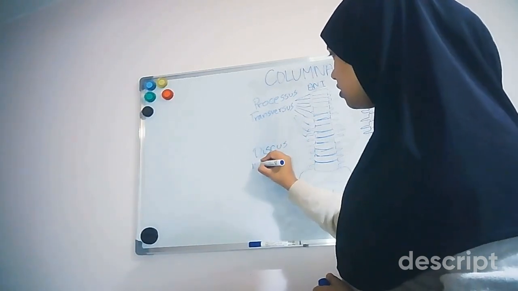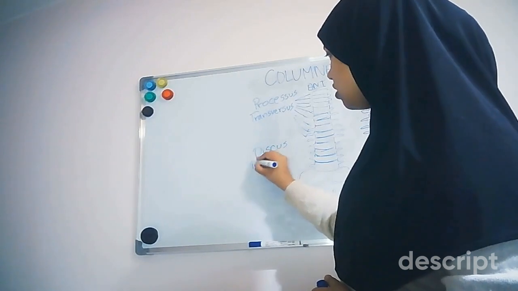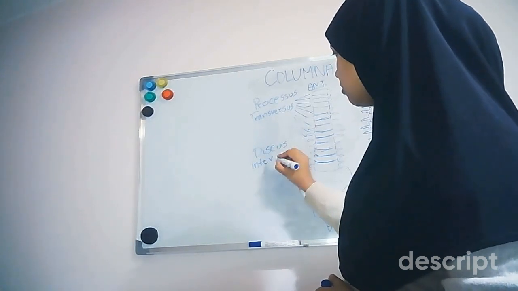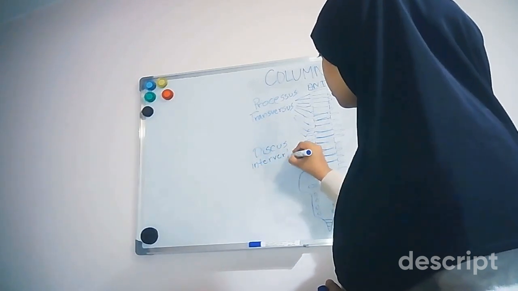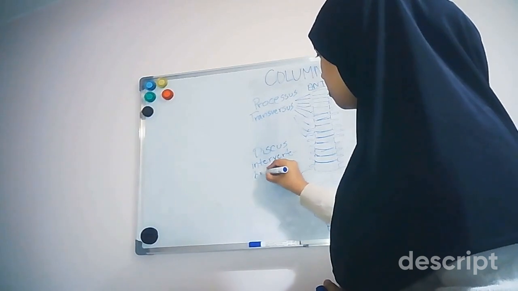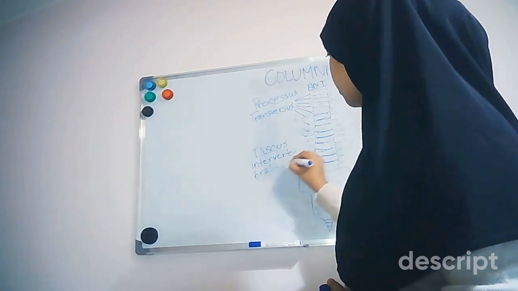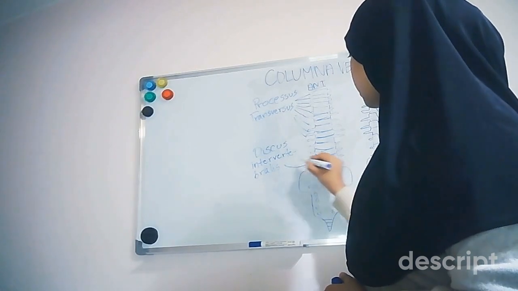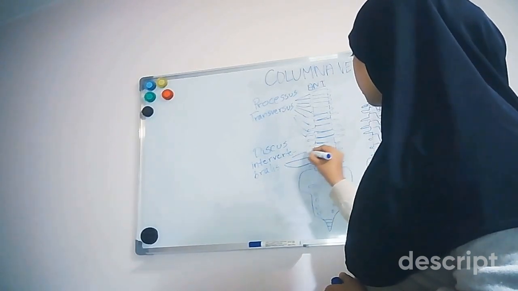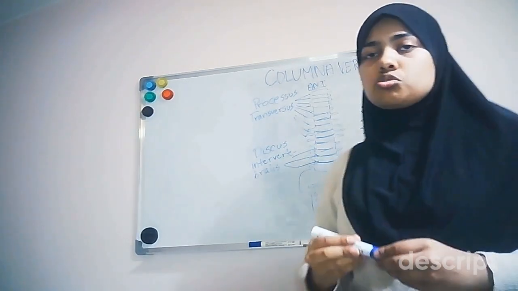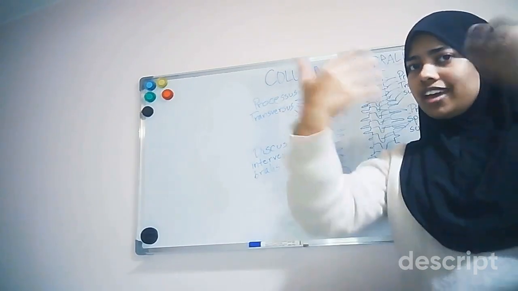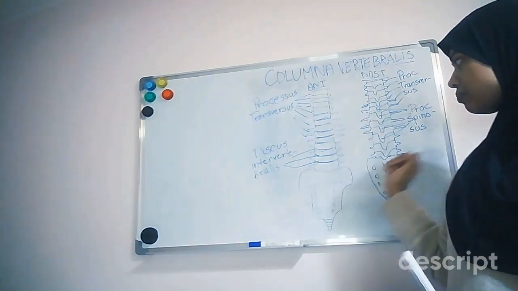Discus intervertebralis. It's all these blue lines. It's much easier to see our discus intervertebralis from the anterior view than the posterior.